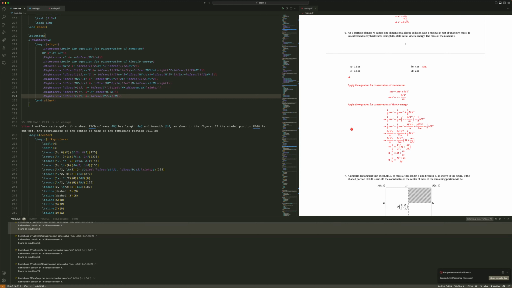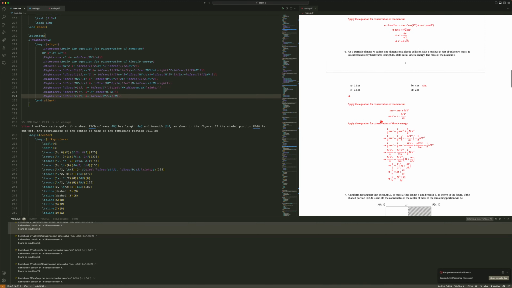So firstly, it's applying the conservation of momentum, yeah, it's right, and then it is applying the conservation of kinetic energy. Because it's saying 64%, we can just use the idea of 64%, we don't have to do every kinetic energy thing.